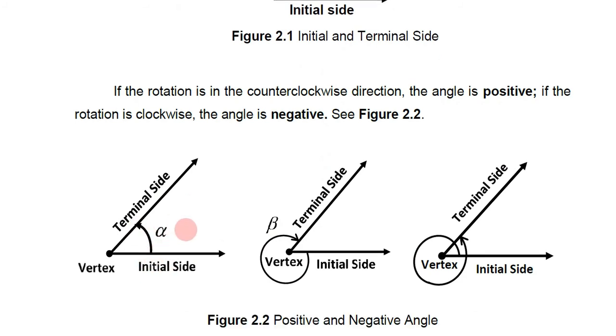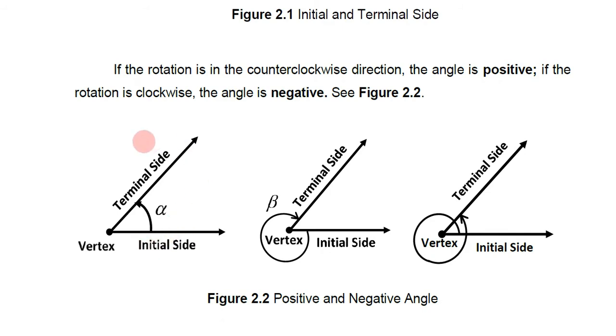For example, in this figure, alpha is a positive angle since the direction is counterclockwise. As for this figure, the direction is clockwise, therefore the angle is negative. And for this figure, the direction is counterclockwise, therefore the angle is positive.